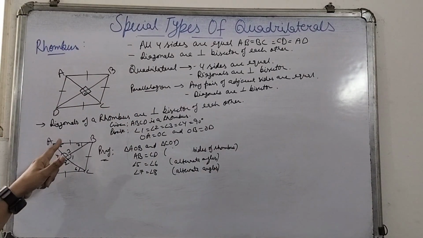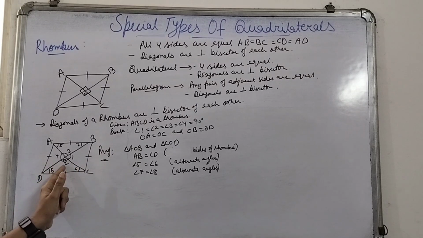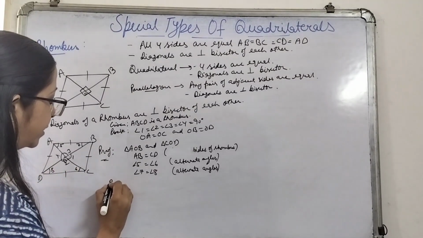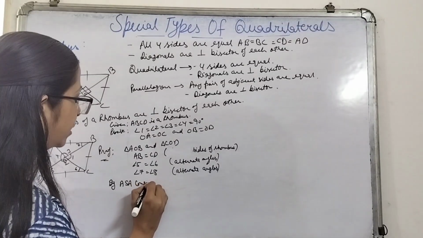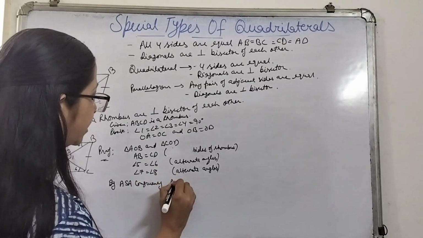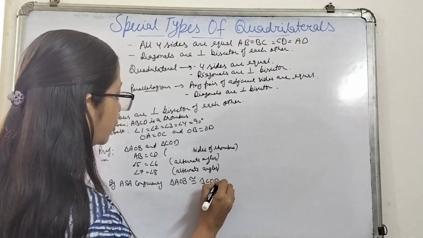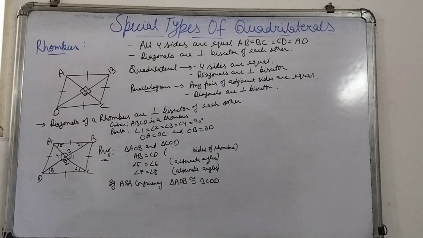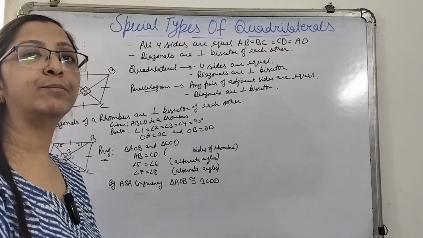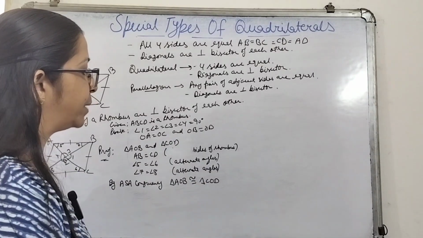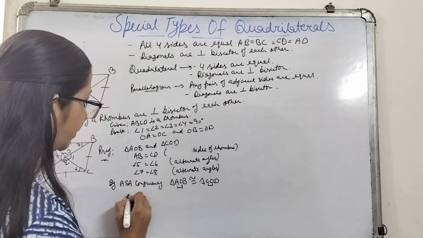Now angle, side, angle of this triangle are equivalent to angle, side, angle of this triangle. So we can say that by ASA congruency, triangle AOB will be congruent to triangle COD. These two triangles will be congruent, and we know that if the triangles are congruent, then by CPCT their corresponding parts will be equal. So AO will be equivalent to OC.